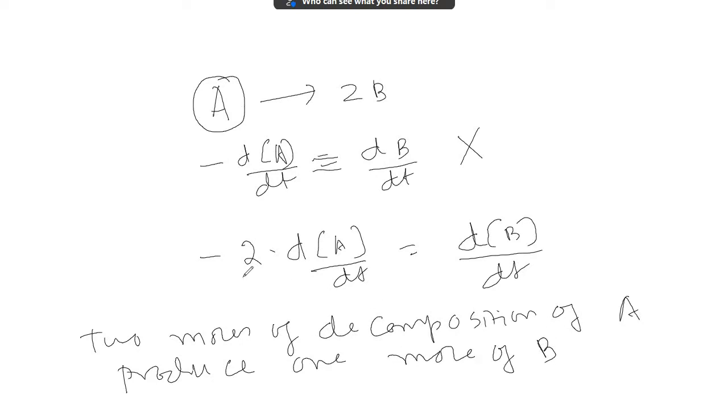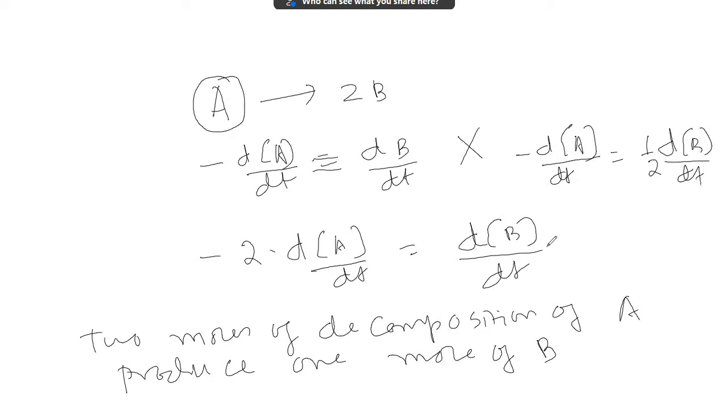As a result, in this case, the change in concentration of A is multiplied by 2 to make it equal to B. So it is minus 2 dA by dt equal to dB by dt, or I can write this way, minus dA by dt equals 1 by 2 dB by dt.